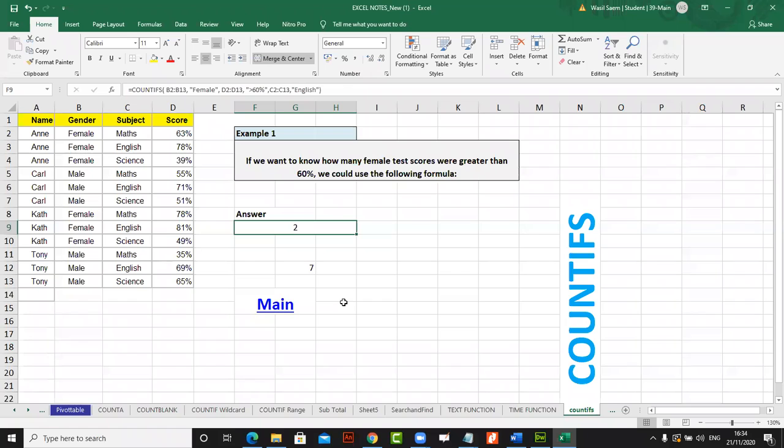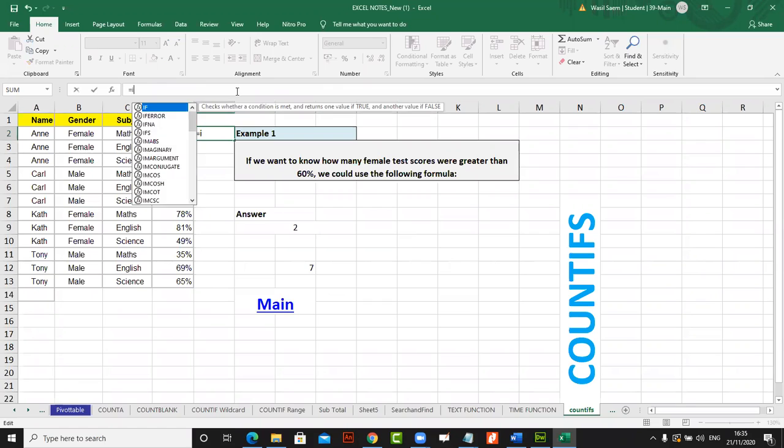Okay, IF and AND. I can discuss IF and AND as well. Like over here, equals IF, and let's use AND.